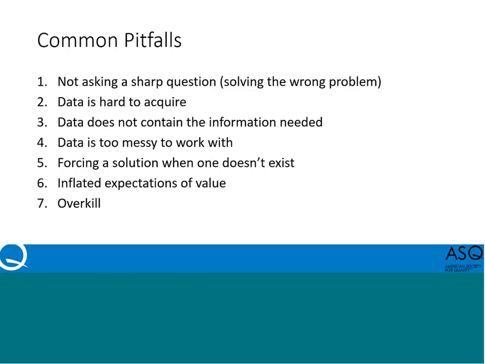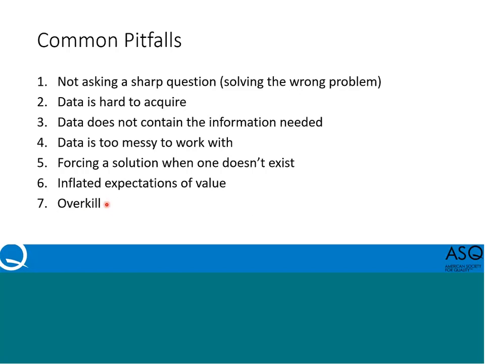Another pitfall is overkill. On the statistics side, maybe we're modeling a relationship and we make it too complicated. And one thing I remember learning in many statistics classes is Occam's razor: keep it simple. Don't make anything more complicated than it needs to be.